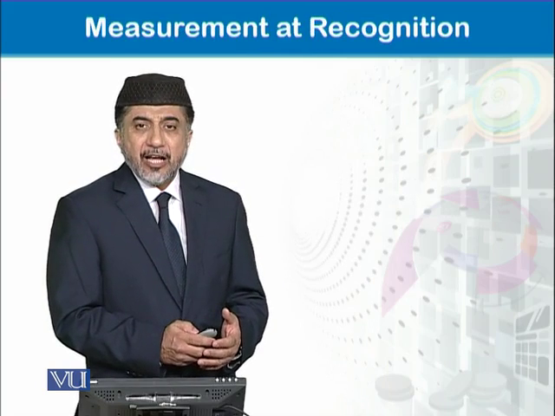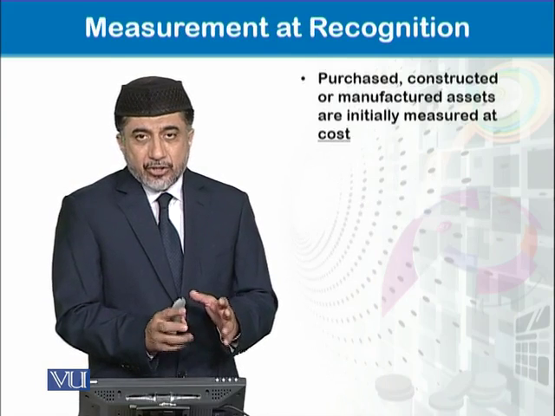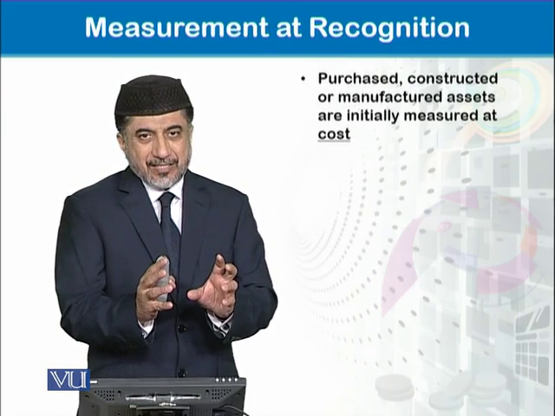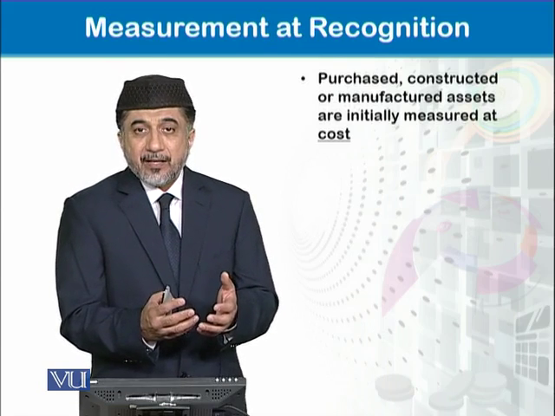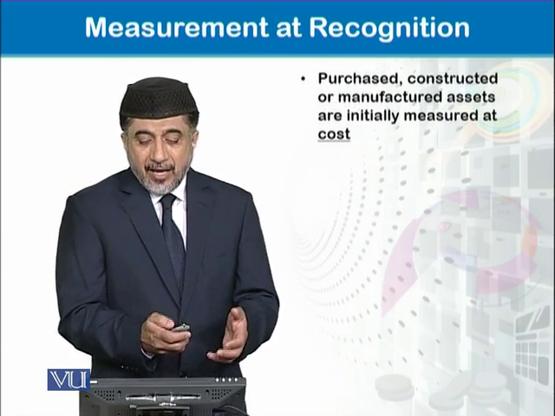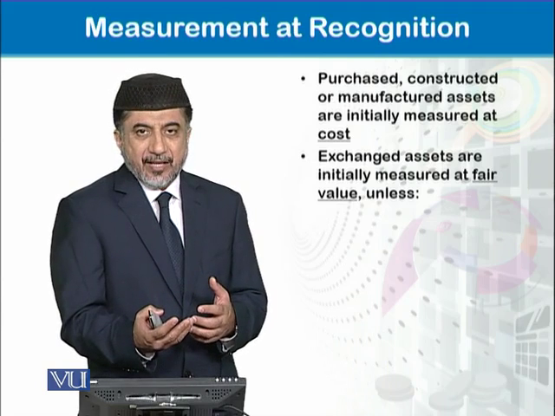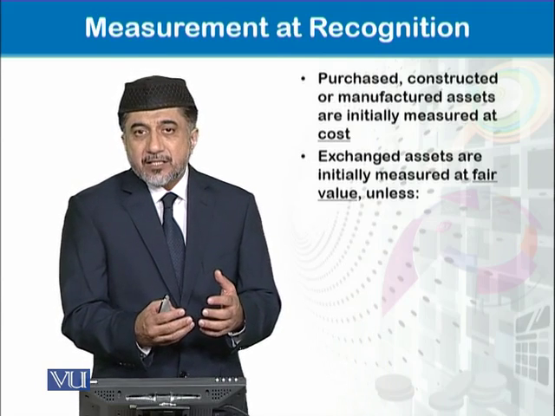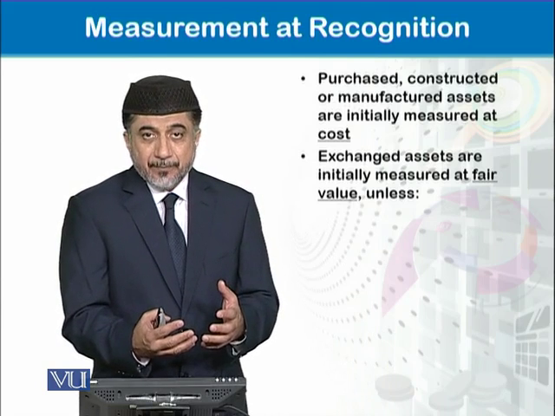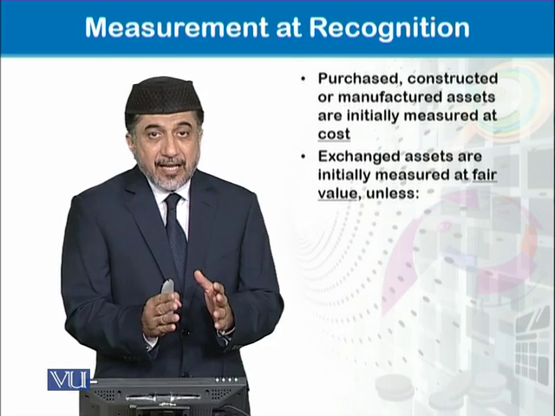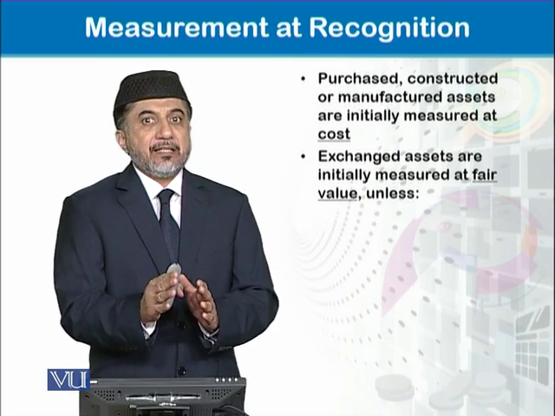Then measurement at recognition. When we say measurement at recognition, we should bifurcate the assets between the assets that we have purchased, constructed or manufactured, and the assets that we have exchanged. The assets we have purchased, constructed or manufactured are measured at cost at the time of recognition.